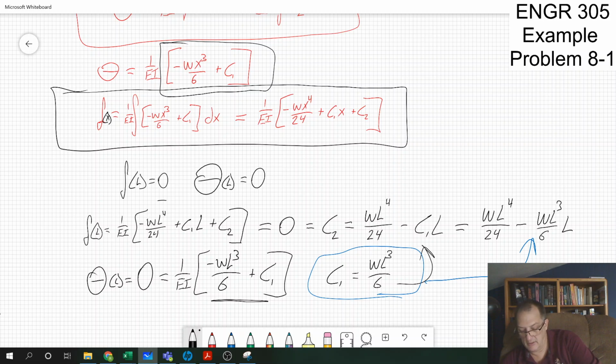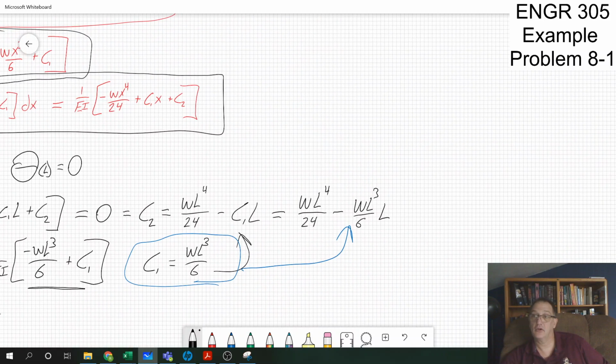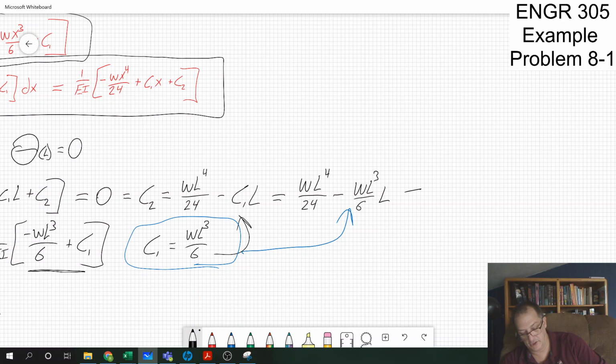So now I really want to simplify this, and if you look at that, this is 1/24, and that is actually going to be 4/24. So C2 equals minus 3/24 WL to the 4th.